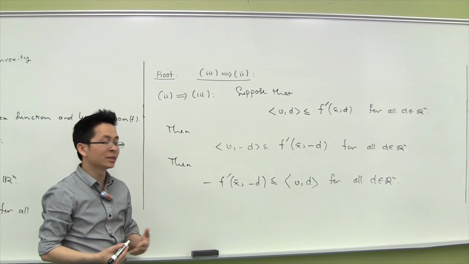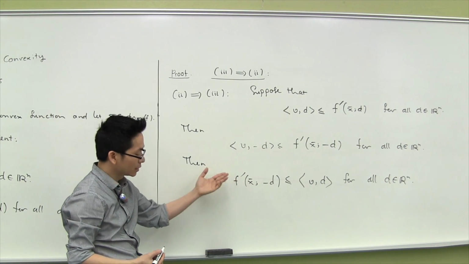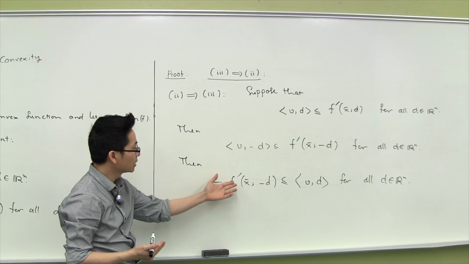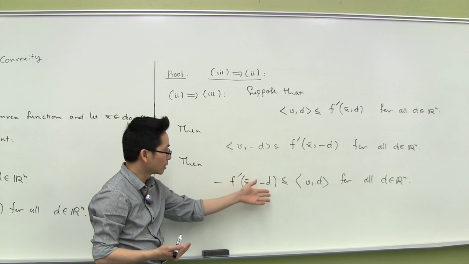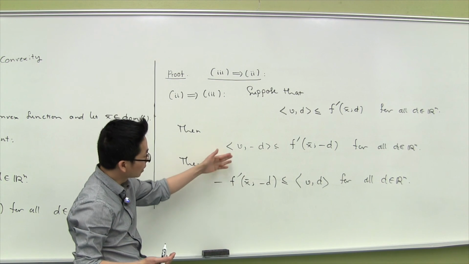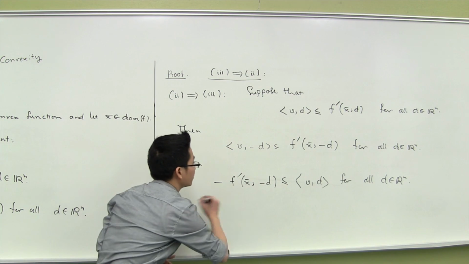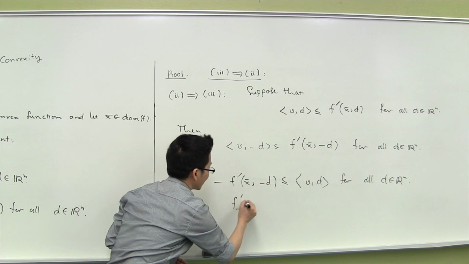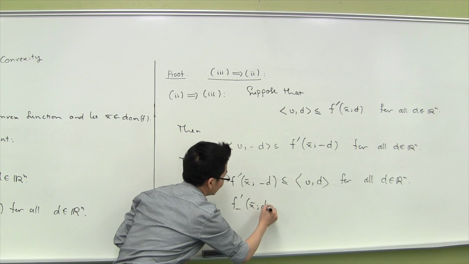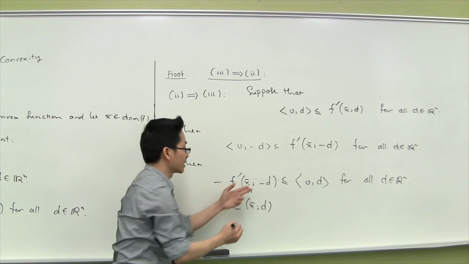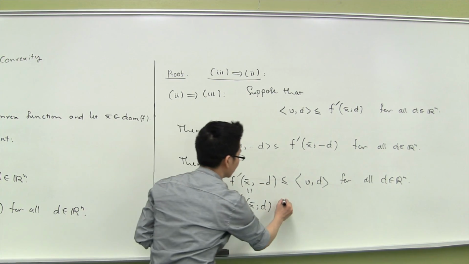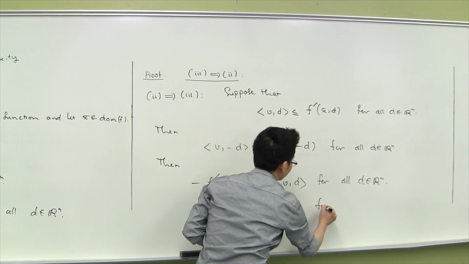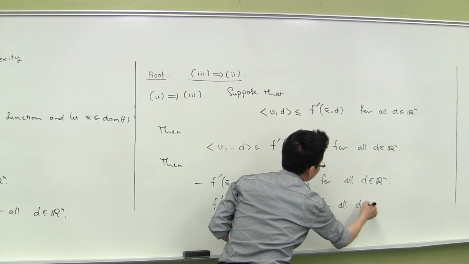If we remember the relation between the left directional derivative of a function at x bar in a direction, then we will see that from here the left directional derivative of f at x bar in the direction d, which is the same as this, is less than or equal to the inner product of v and d for all d in Rn.